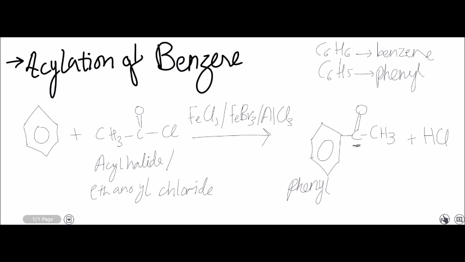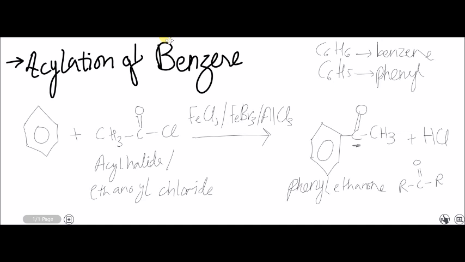So it's kind of like a ketone, right? We have R, C double bond O, R. So this is phenyl ethanone. Why ethanone? Because we have 2 carbons over here.